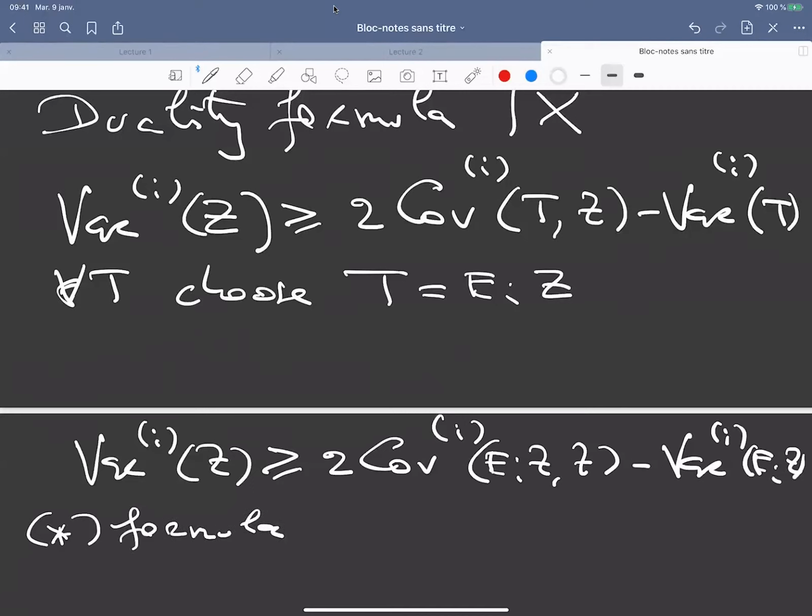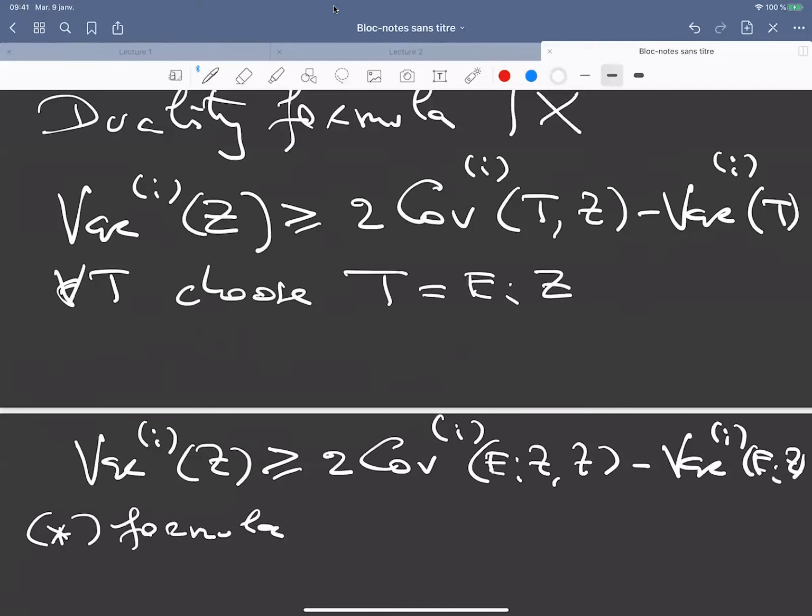You take another probability on the discrete space X, and you take a probability Q, which is such that P is absolutely continuous with respect to Q. That is, when Q is equal to 0, P has to be equal to 0.